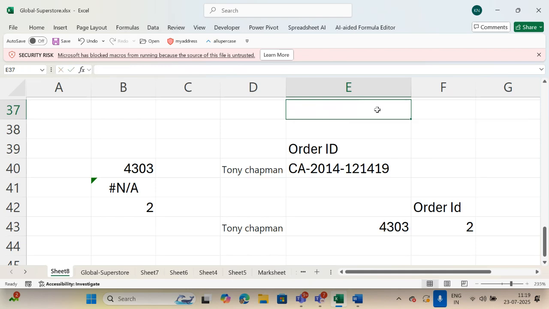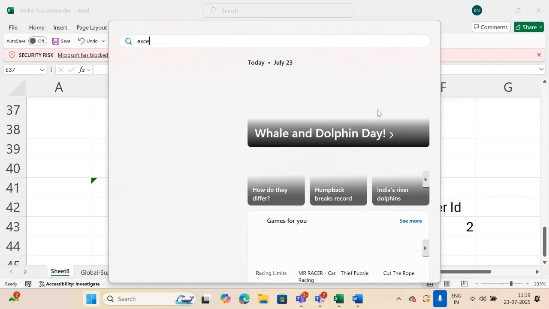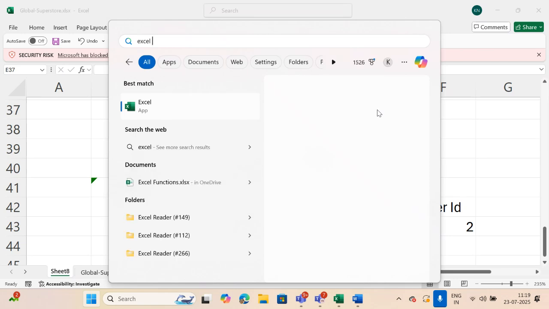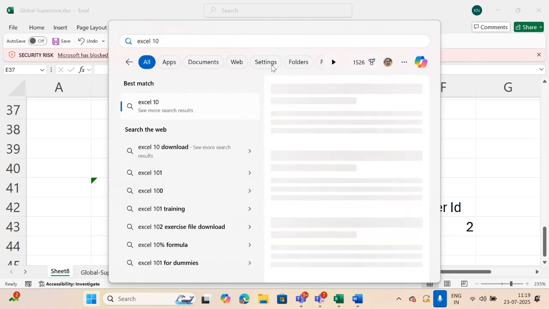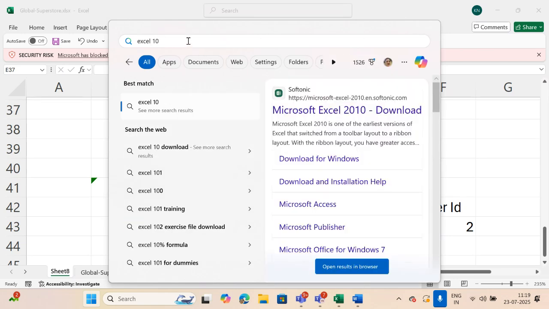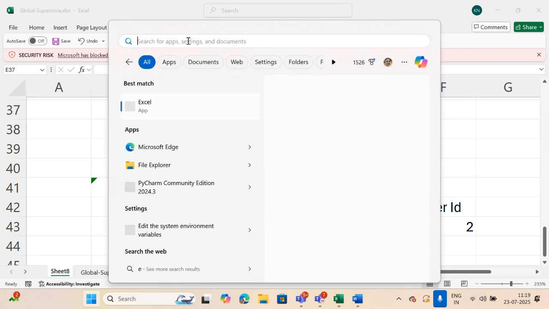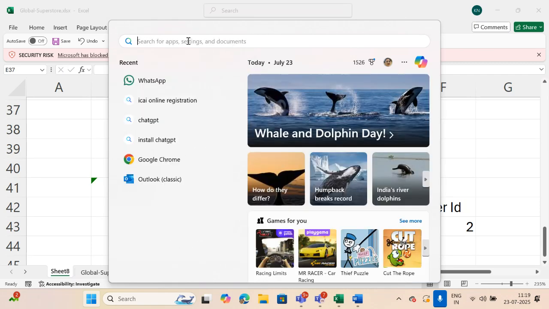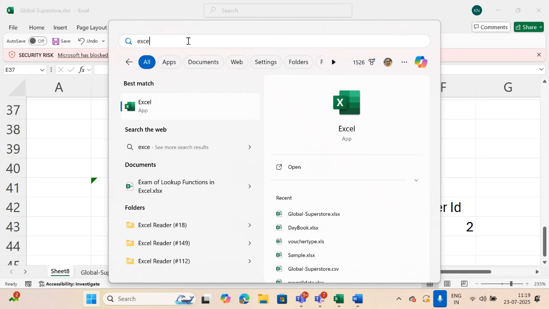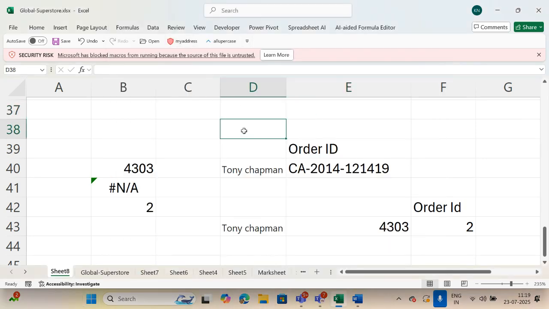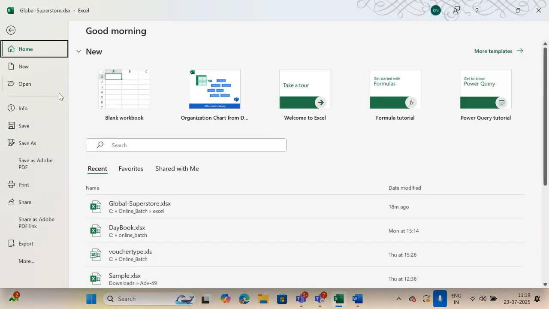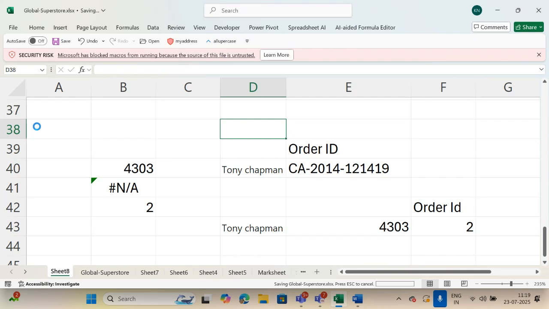For example, I am having Excel 2010 also. Okay, Excel. I think so. No, I don't have. Okay, I can give you the example. For example, suppose this book is saved.